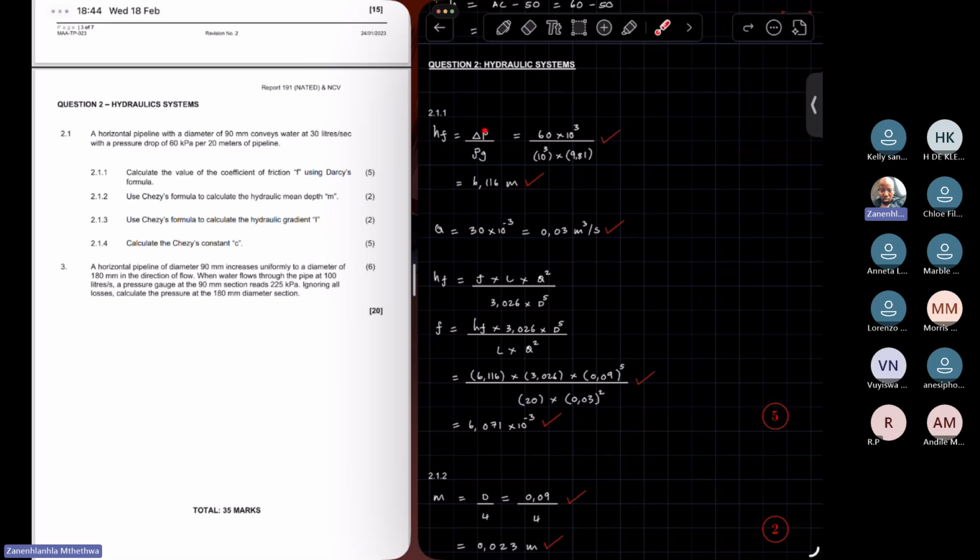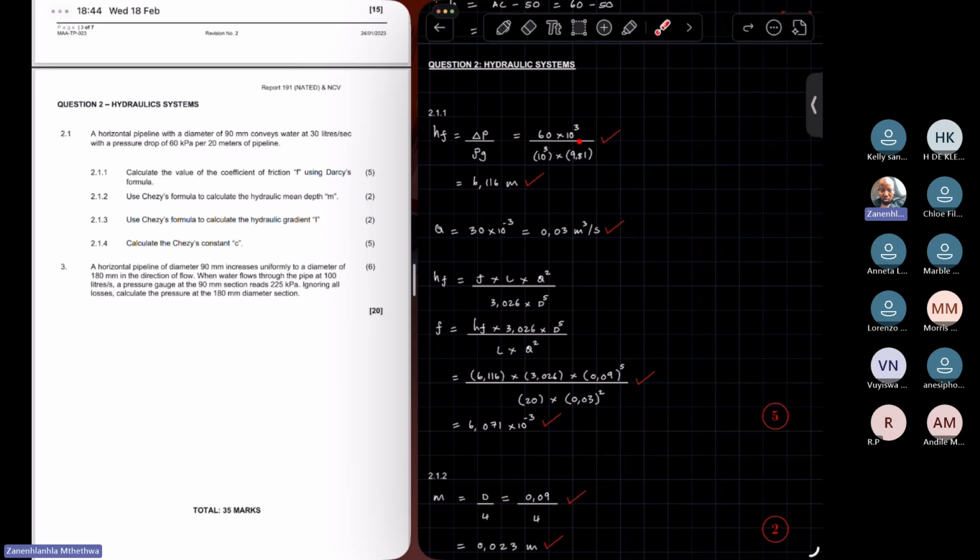So the change in pressure we've been given is 60 kilopascals. The standard unit of measurement for pressure is pascals, which is why we have to convert the kilopascals to pascals. In doing so, you simply multiply by 1,000. That is why here I have 60 times 1,000. Let's divide it by rho, the density of water.